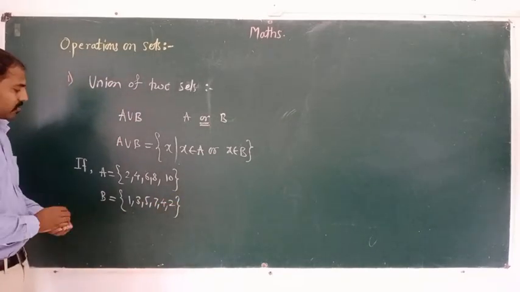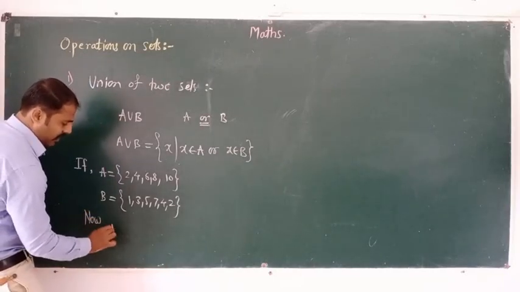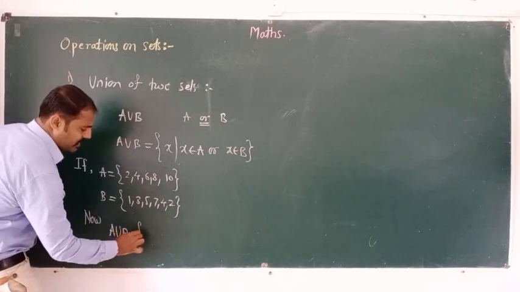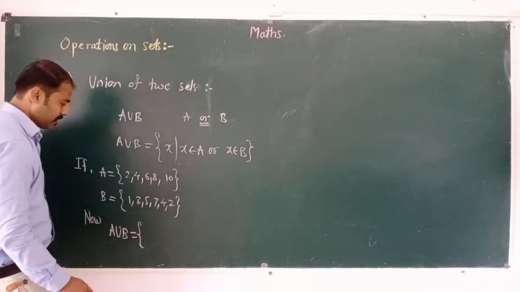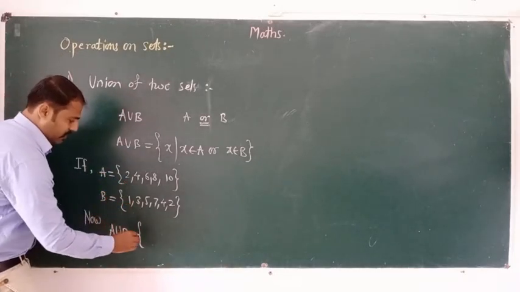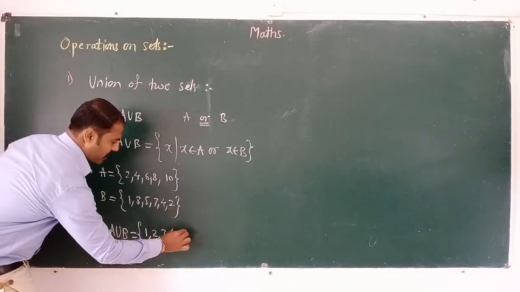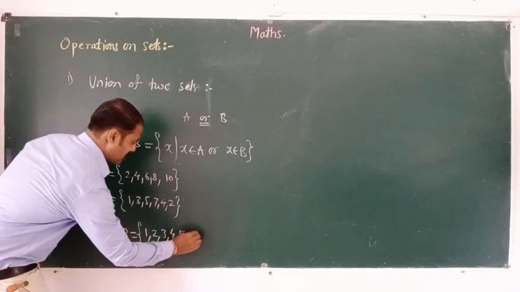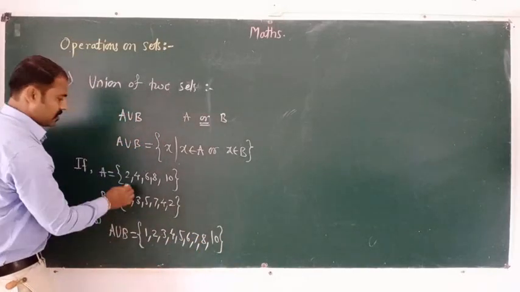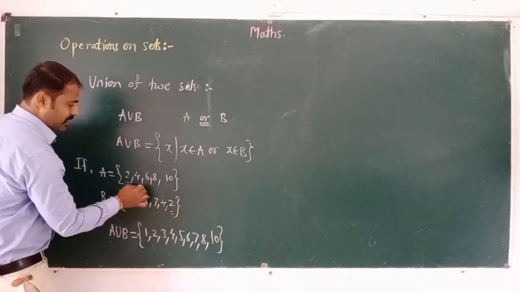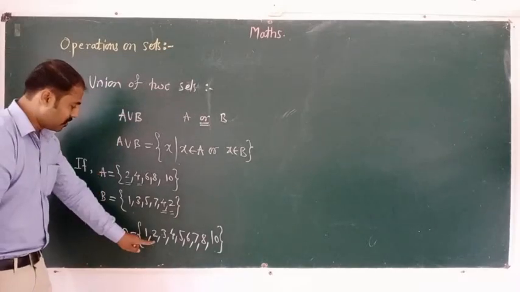Now A union B is defined as the set of elements in A or in B. Writing first 1, 2, 3, 4, 5, 6, 7, 8 and 10. 2 is repeated, don't write twice. 4 is repeated twice, write only once.